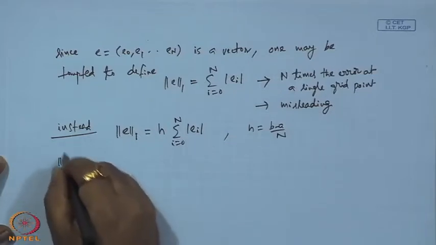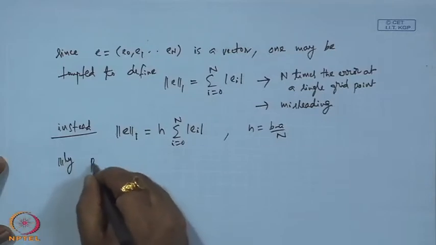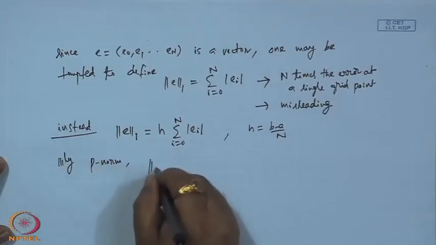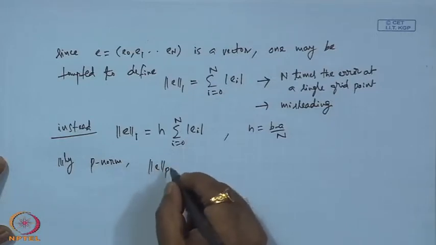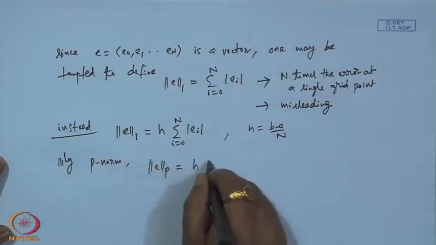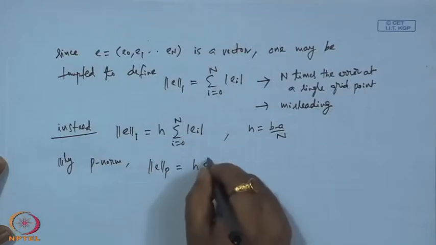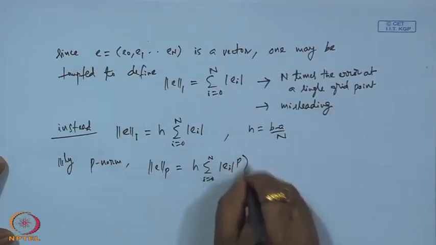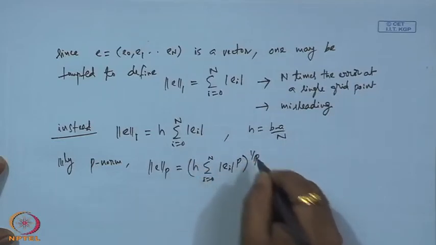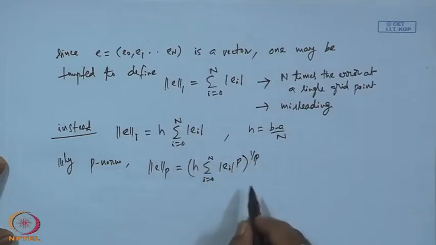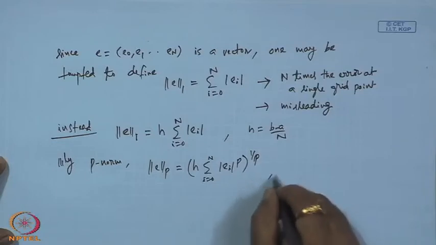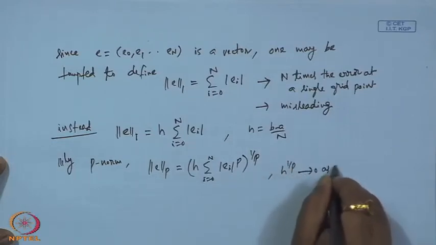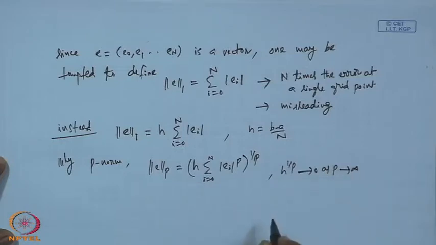So, then similarly for p norm, okay, because you can see h power 1 by p, this goes to 0 as p goes to infinity, right.